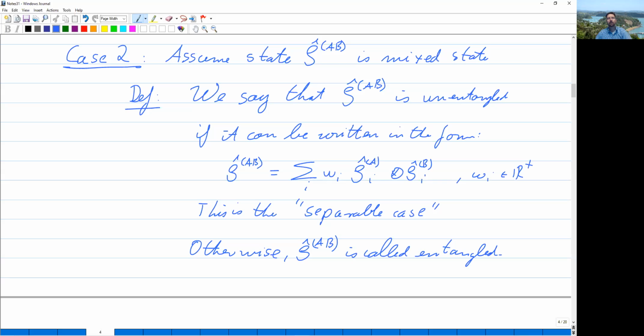Now, we will not further pursue this case. And the reason is that, well, there are two reasons. One is it's getting really messy if you look at a composite system that's in a mixed state. But it's also, strictly speaking, never necessary to look at composite systems that are in mixed states. In principle, you can always choose by the dilation theorem that we covered earlier.